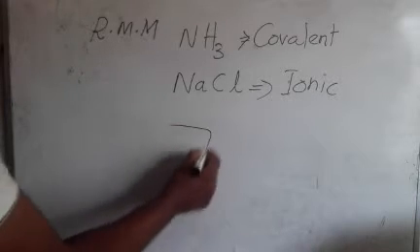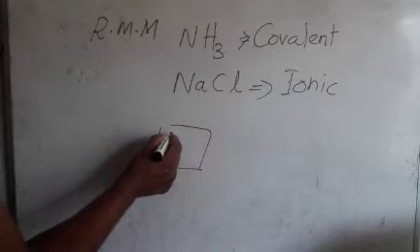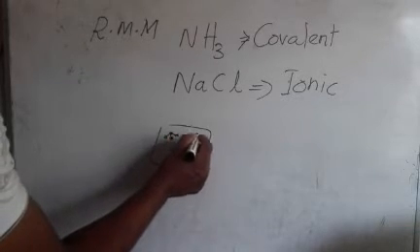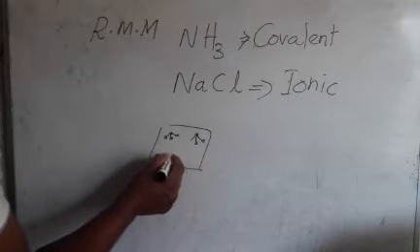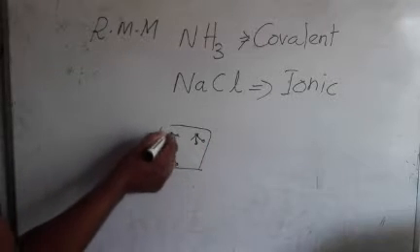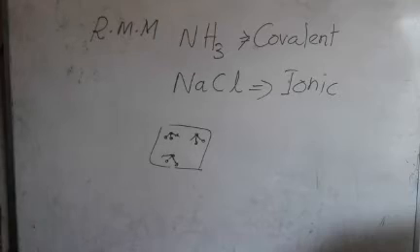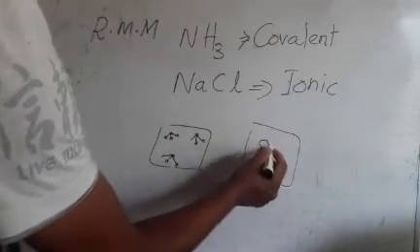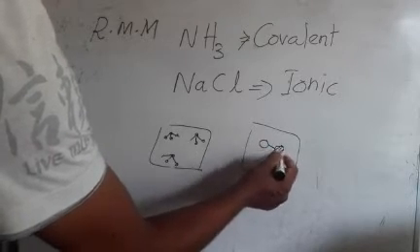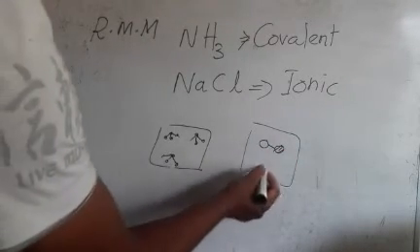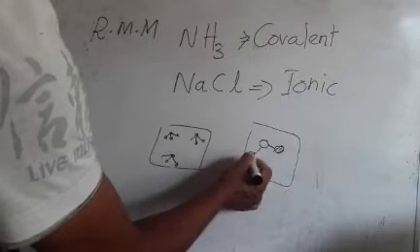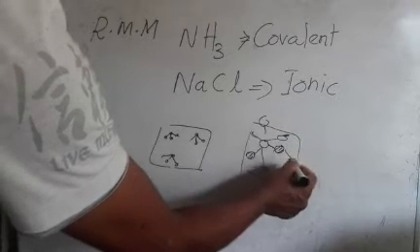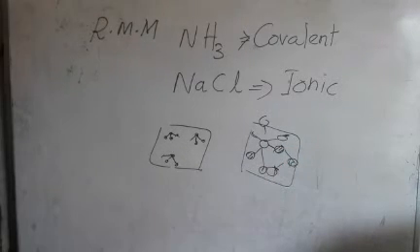In ammonia, the molecules are like this: discrete ammonia molecules, nitrogen, hydrogen, hydrogen, like that. But in sodium chloride, discrete molecules are not present. Instead of that, it has a lattice made of a large number of ions connected together.